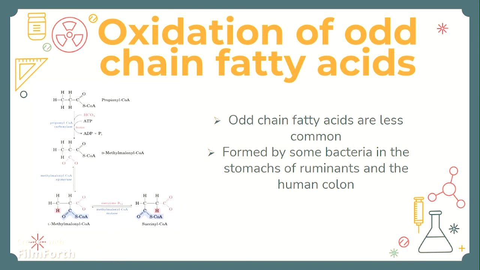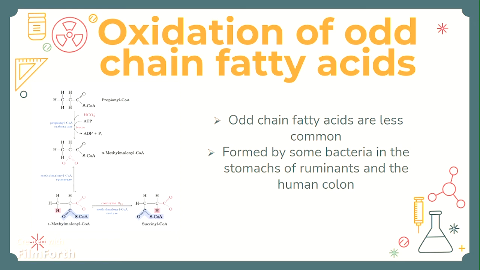The oxidation of odd-chain fatty acids. Odd-chain fatty acids are less common. They are formed by some bacteria in the stomachs of ruminants and the human colon. Oxidation of odd-chain fatty acids is similar to that of even-chain fatty acids.